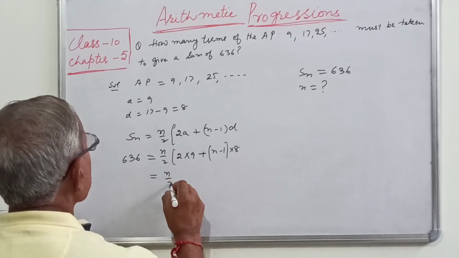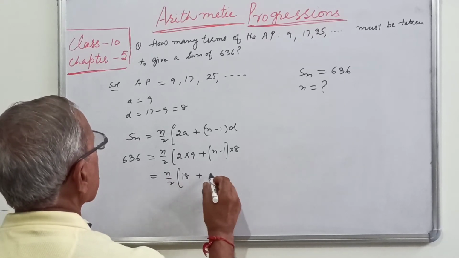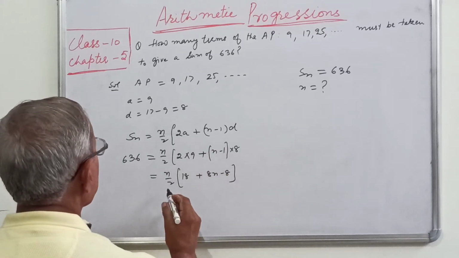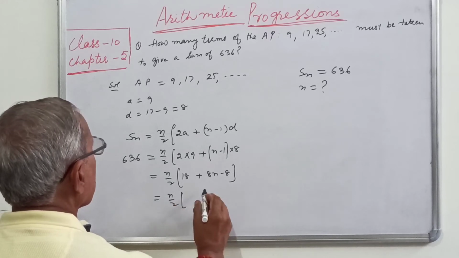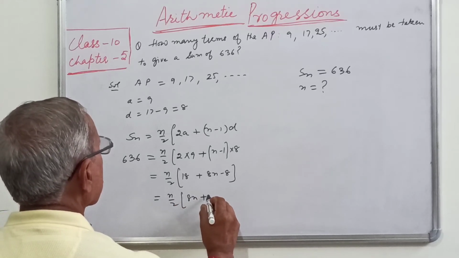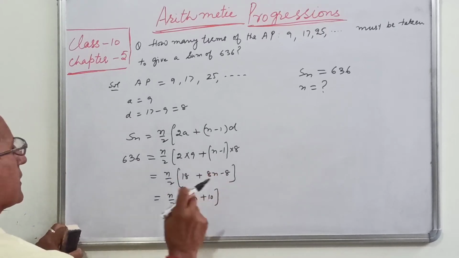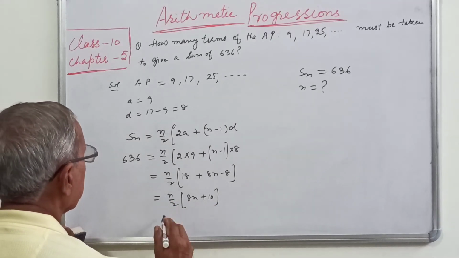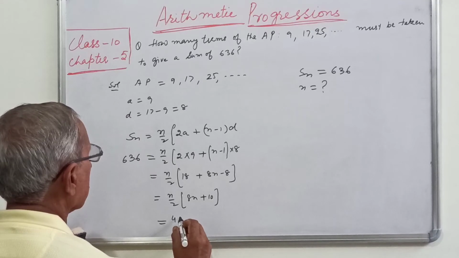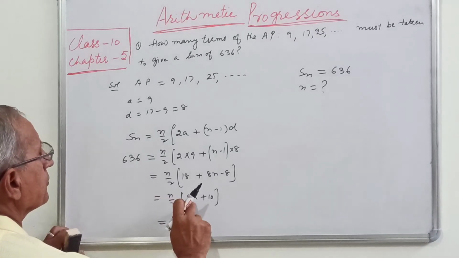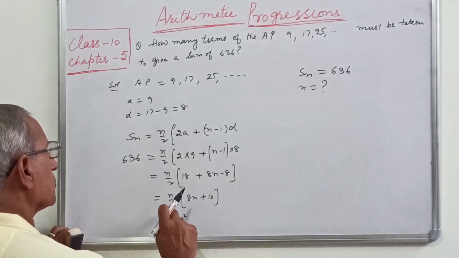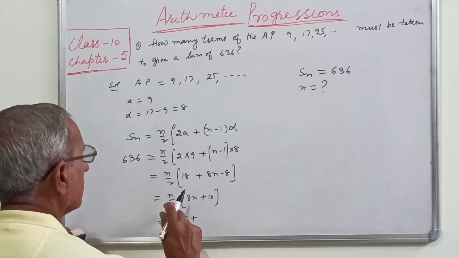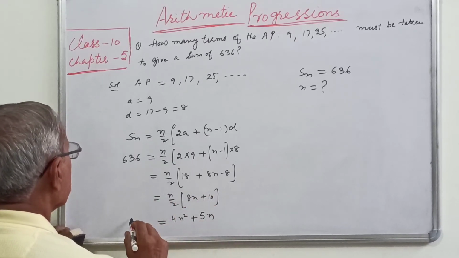So n upon 2 into 18 plus 8 से मल्टीप्लाई किया 8n minus 8, n upon 2, so 8n plus 10, 18 में से 8 माइनस किया आ गया 10, तो 8n plus 10, तो n upon 2 से मल्टीप्लाई किया तो हो गया ये 4n square, n into 8n, that is 8n square divided by 2, 4n square plus 10 into n divided by 2, that is 5n, is equal to 636.